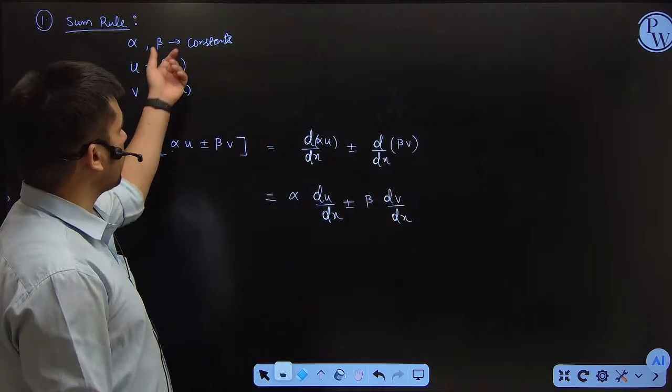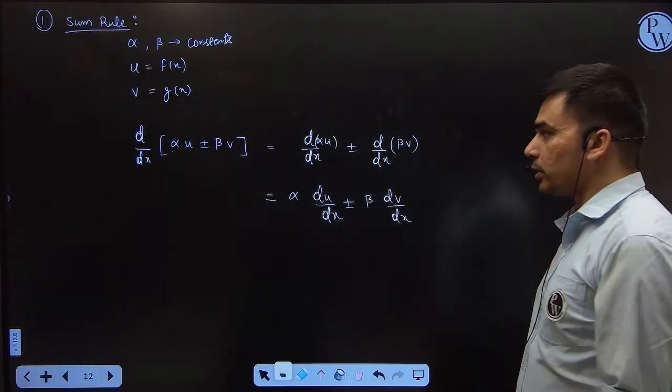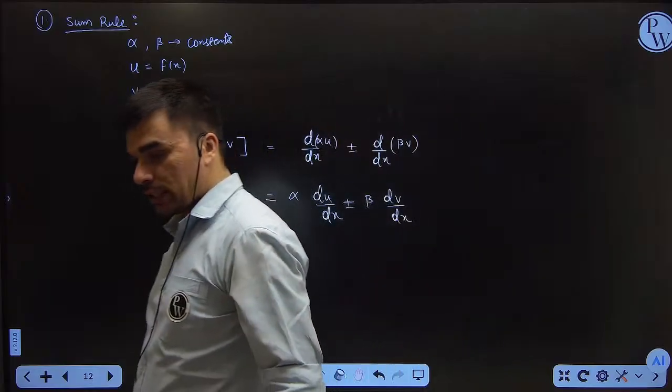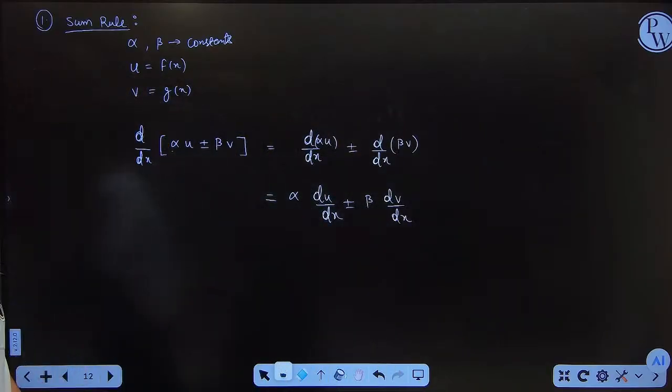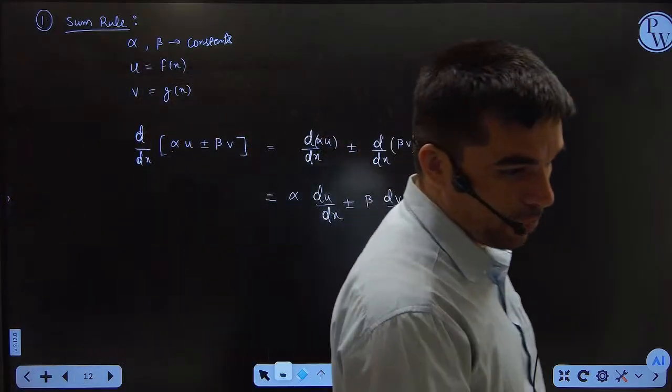So if you have a linear combination of two different functions wherein constants are also multiplied to the functions, those constants can be taken outside the derivative, and you can make use of the distributive law for this derivative. Okay, write it down.